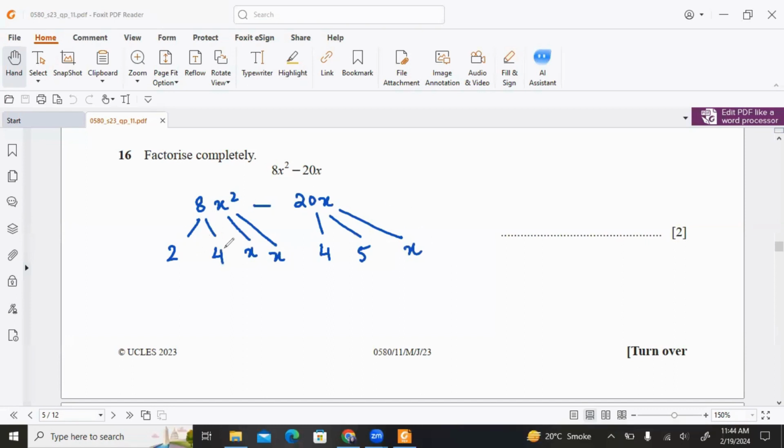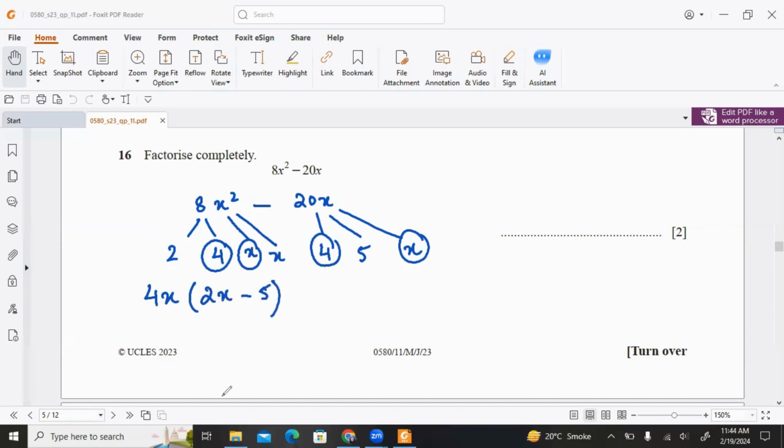So what's common over here? We have 4 common and we have an x common. So that means we will take 4x common outside of the bracket, and inside we'll be left with 2x minus 5.